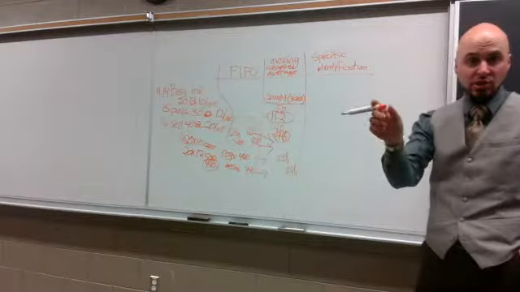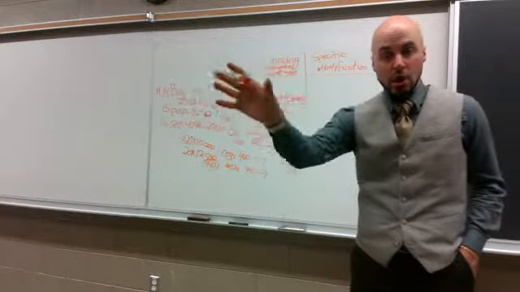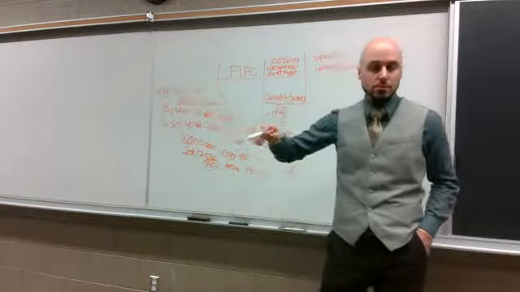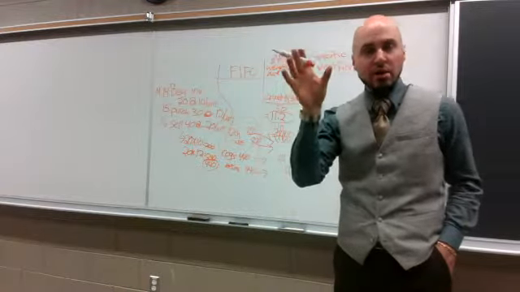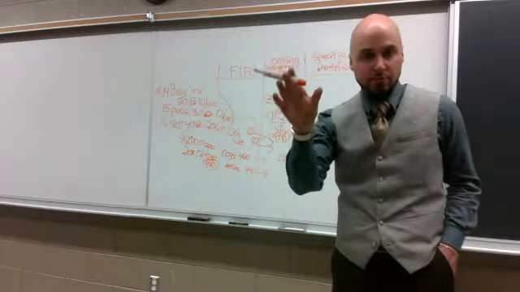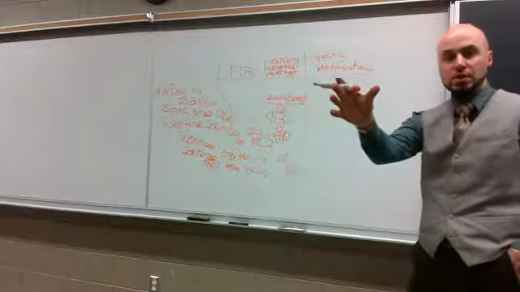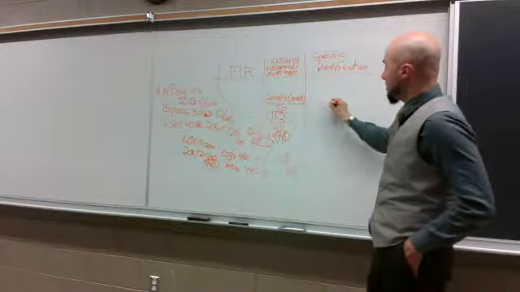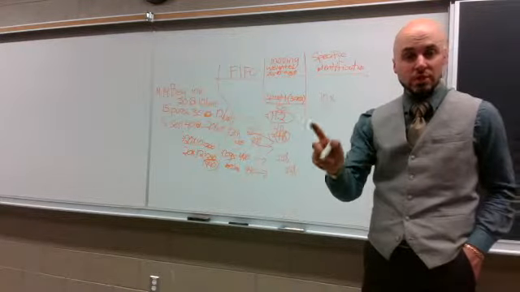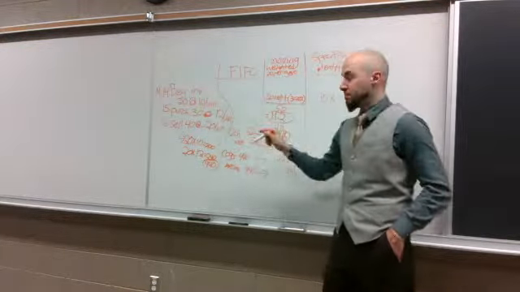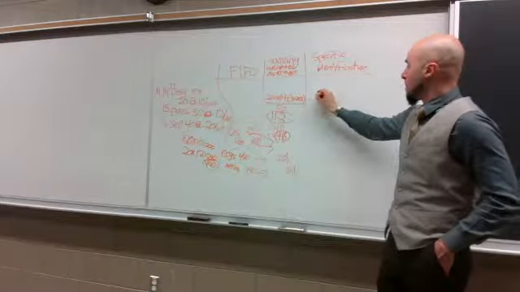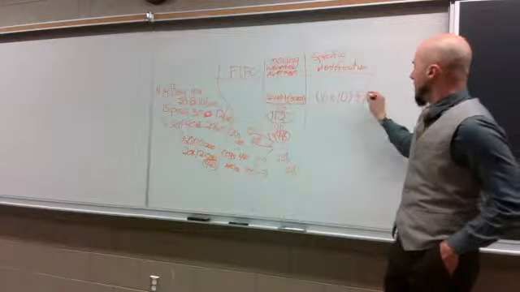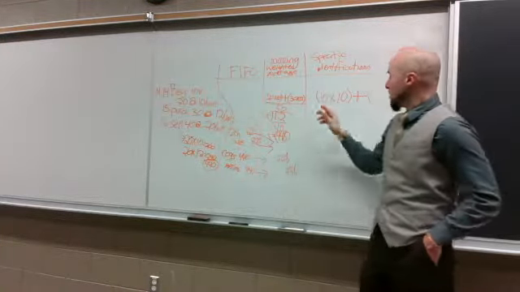Again, specific identification, maybe 10 garbage disposals, because we want to specify that specific product. 10 garbage disposals times, what is our unit cost of those 10? 10. Okay, we can put it in brackets here. And then that can be added to, so that's 10.